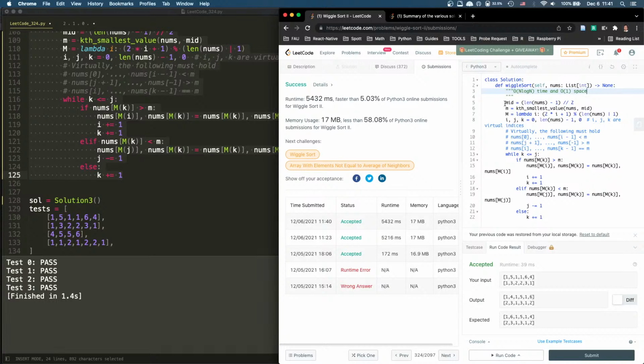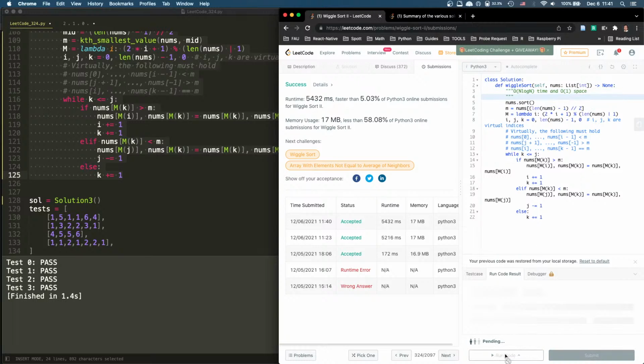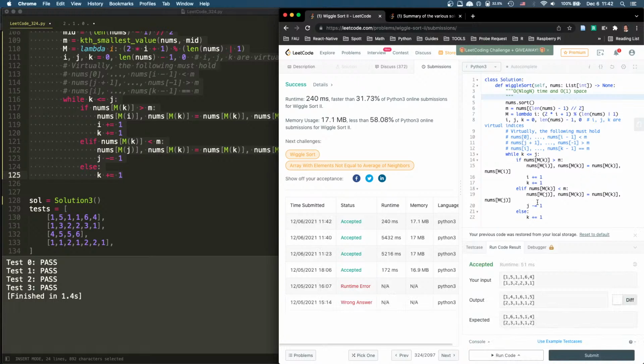And mid only appears once, so I can just do this. I'll run the code first. Okay, let's see. If this one is slow... fast, I mean, yeah, this one is fast. So the problem is with finding the kth.